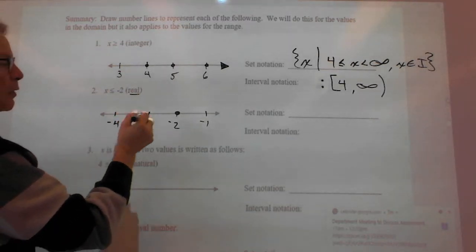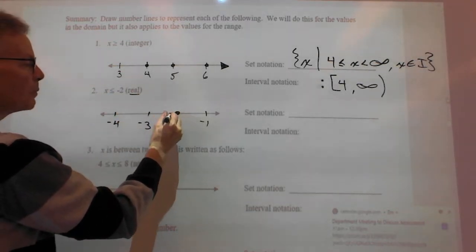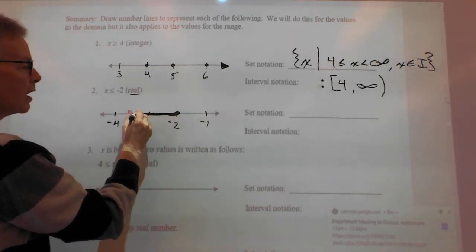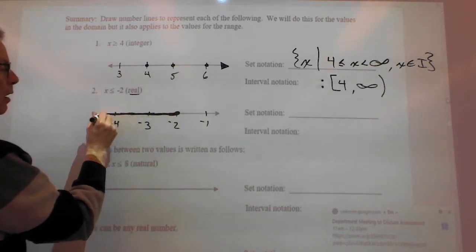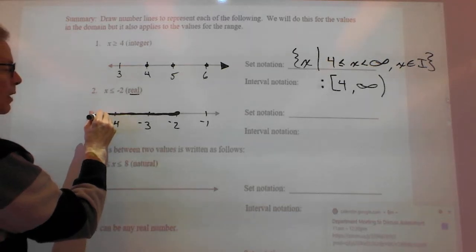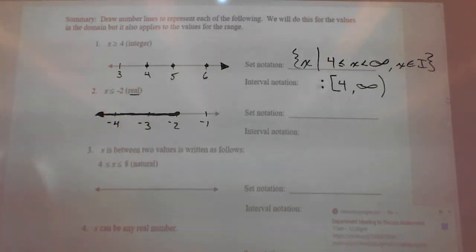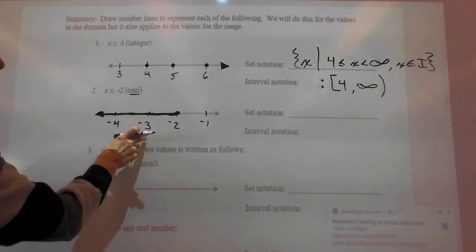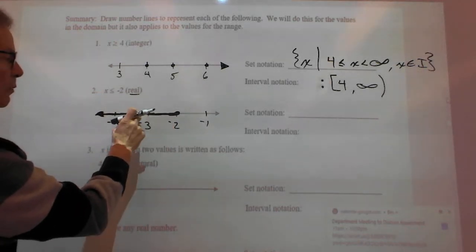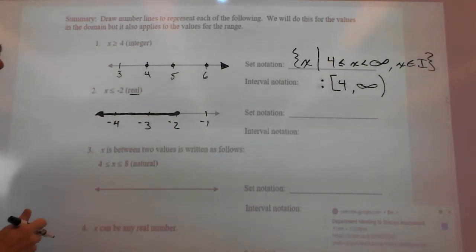And since we're dealing with real numbers, we have to make a solid line going all the way down, and we also make the arrowhead solid. What this says is all those in-between numbers are also included.